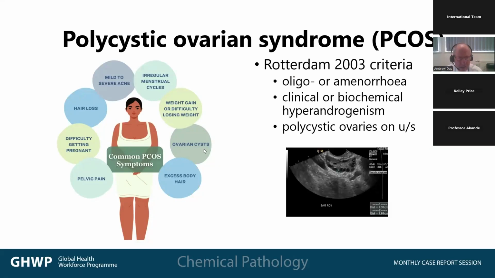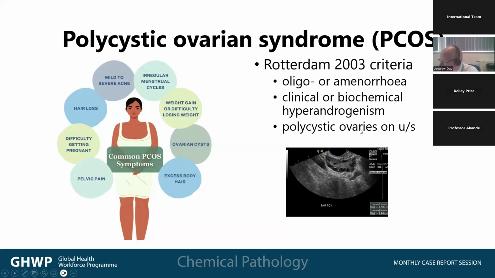The definition that is now used, I think fairly universally worldwide, is the Rotterdam 2003 criteria, which actually stipulate the need to have the presence of a minimum of 2 out of 3 criteria. Those criteria being oligo or amenorrhea, clinical or biochemical hyperandrogenism, and polycystic ovaries on ultrasound.